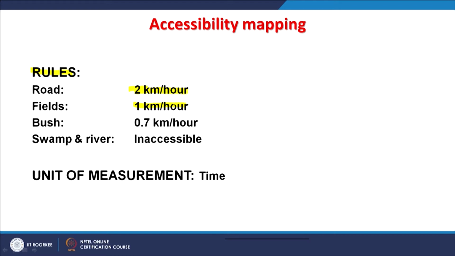So, it is just half, and if one has to pass through the bushes, then this would be 0.7 km per hour. And of course, the swamp and rivers are inaccessible, nobody will go and swim through that. So, the unit of measurement in our accessibility mapping analysis is time.